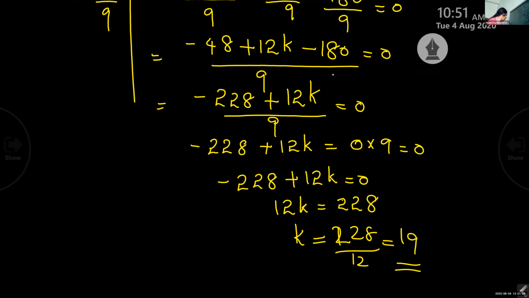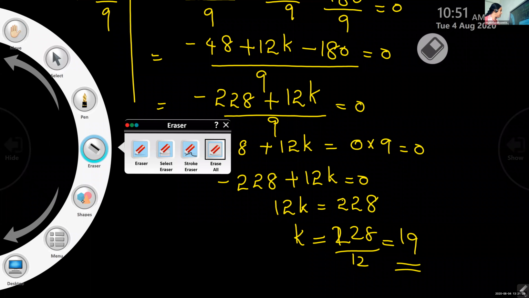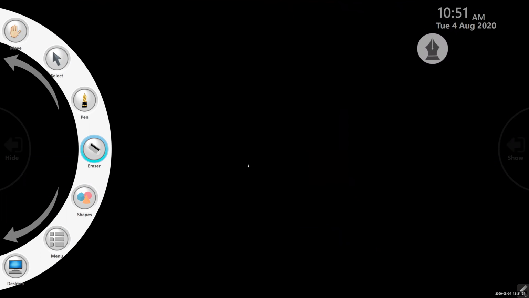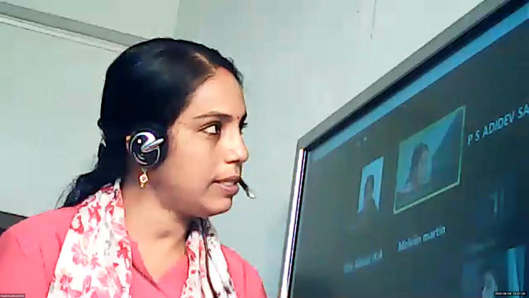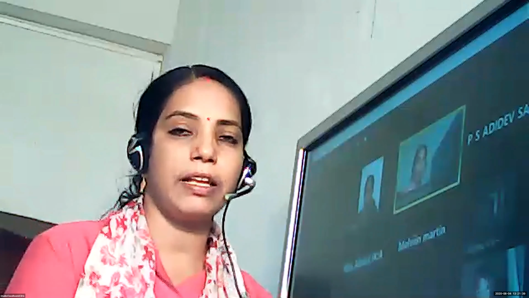Shall I erase the board? Okay, listen, children. Up to this, it was how to find a constant k if a zero of the polynomial is given.